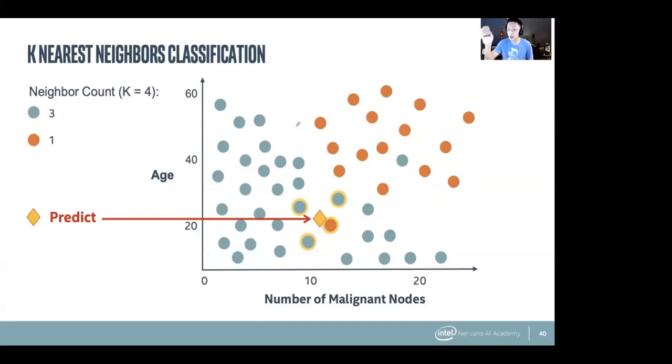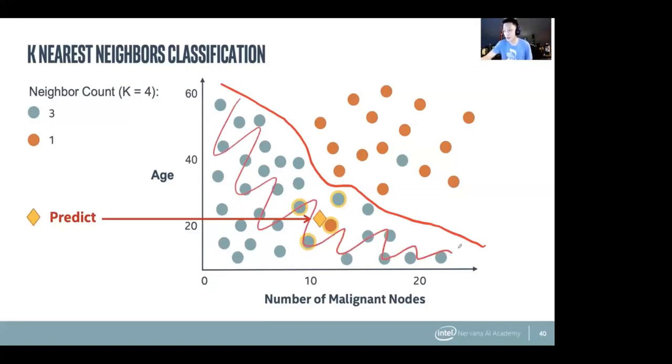And if you just did this for every single point on the continuous plane, then you would probably come up with a decision boundary, something like this. Anything below this line would be classified as survive and everything above would be classified as death. And that's one way you can come up with the decision boundary for k-nearest neighbors. It's something that you can derive from how the algorithm works. Does that answer your question?